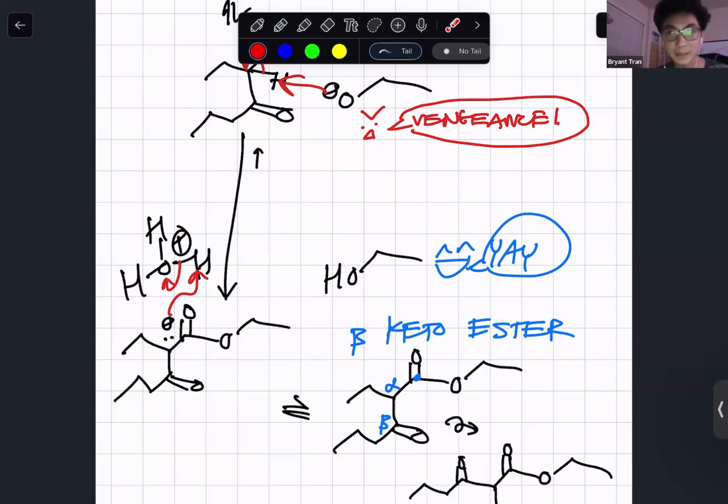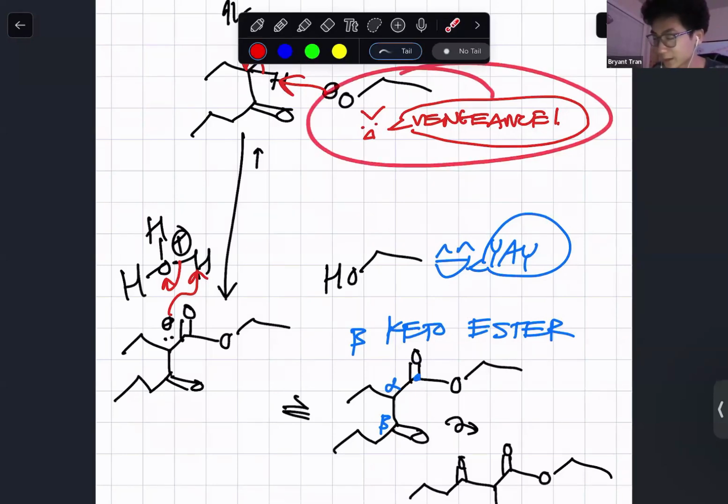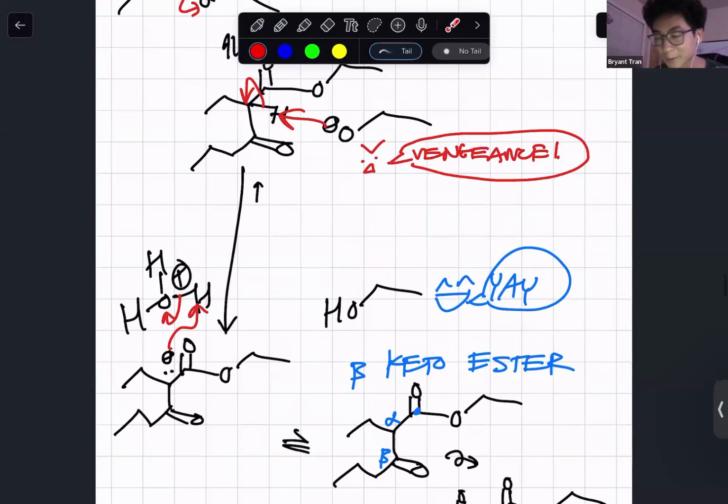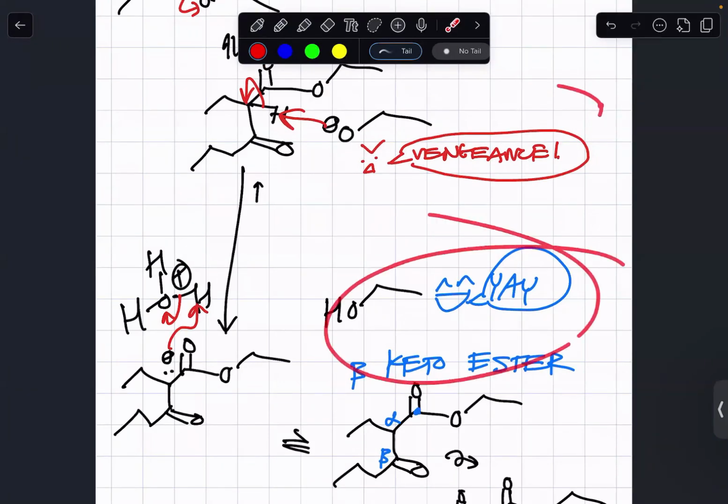And practice the mechanism as well, because that's where the magic happens. If you understand the mechanism behind these reactions, and walk yourself through it like a story and why things do what they do, like this angry leaving group here is gonna go back for vengeance, it's gonna stick with you even more, and you could understand the reaction even more, and remember it more during the exam. You know. Thank you. Yeah.